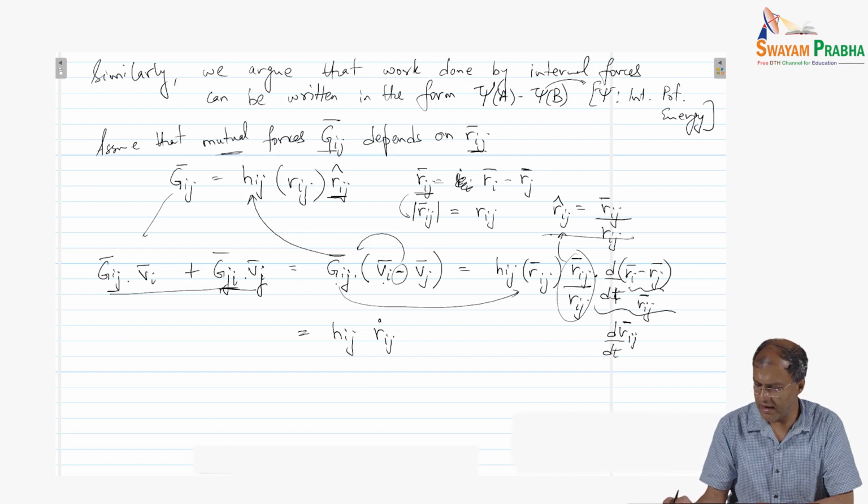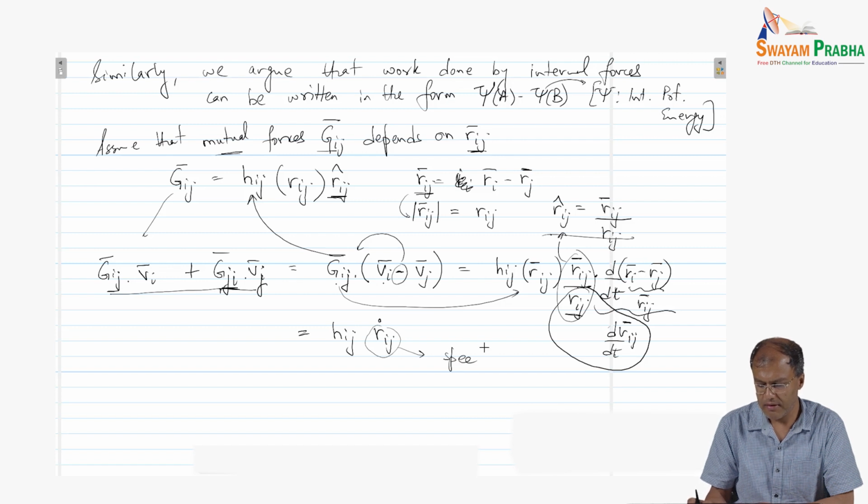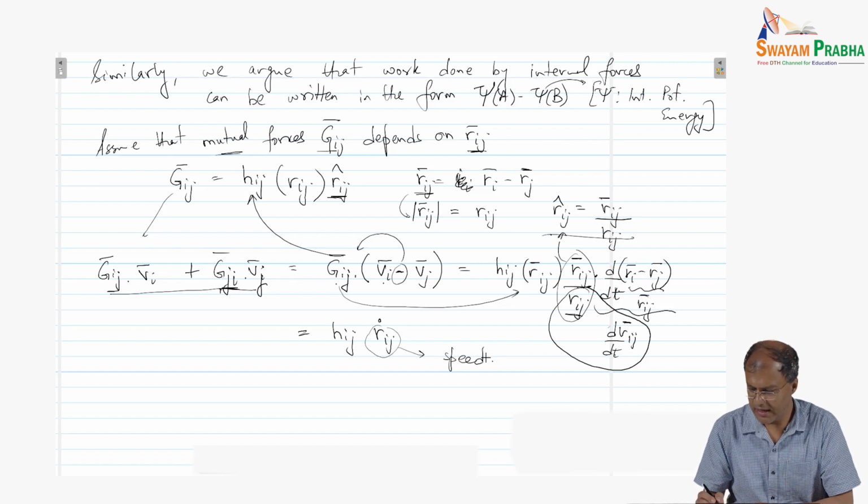Remember, we have Rij bar divided by Rij, d dt of Rij bar divided by Rij. So this is the velocity divided by the magnitude, which gives us the speed. So this Rij dot is nothing but the speed, right?